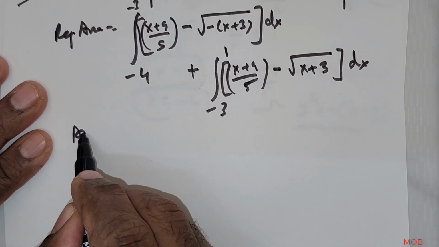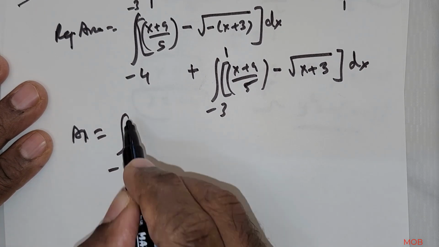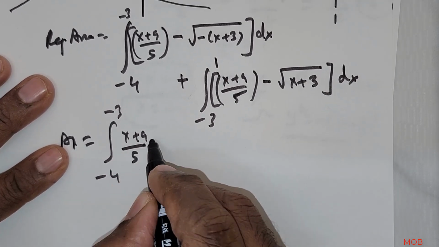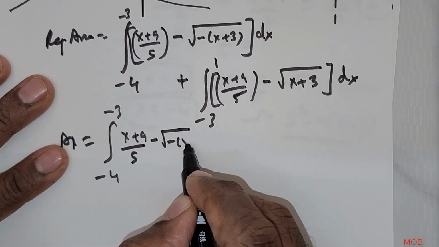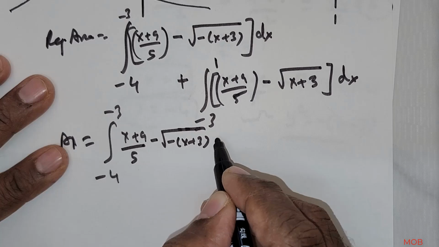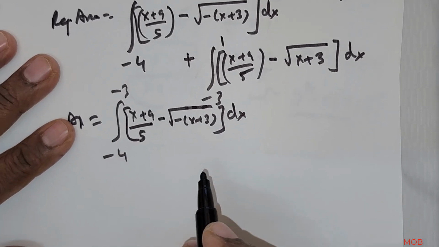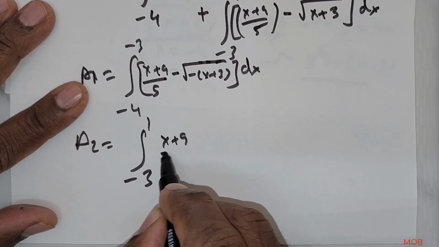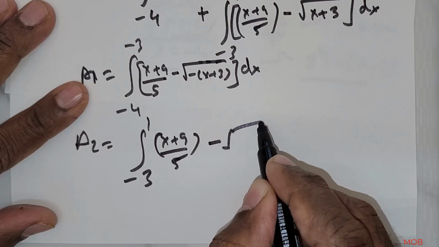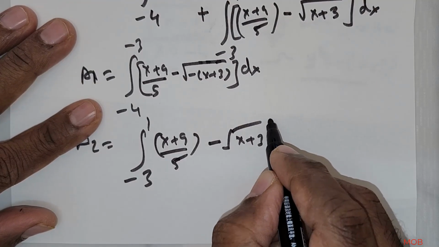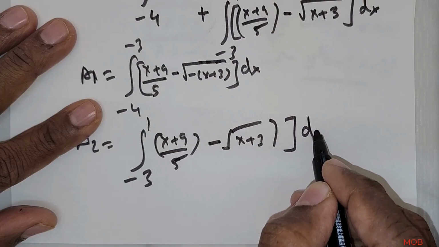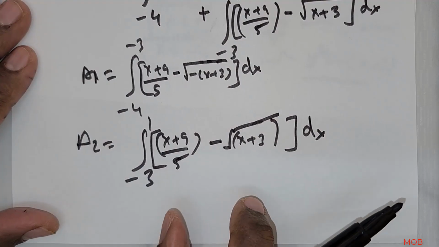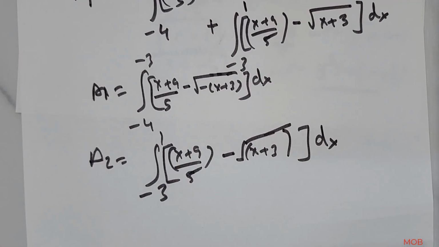So I'm going to say A1 is equal to -4 to -3 of x plus 9 over 5 minus root of negative of x plus 3 times the dx, and A2 is -3 to 1 of x plus 9 over 5 minus root of x plus 3, okay, times the dx. Right, so we need to evaluate this.